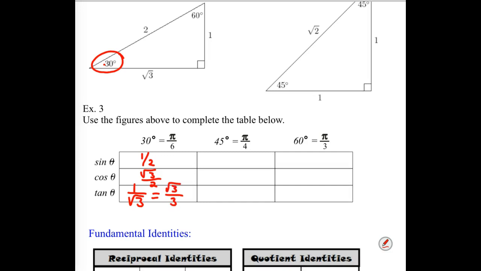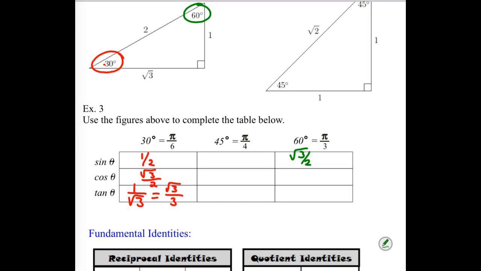Okay. Let's go ahead and do the 60 column next because we're dealing with that same triangle. But now we're looking at this as our angle. Okay. So sine of 60, or pi/3 if we want radian measure, sine of 60 would be √3/2.